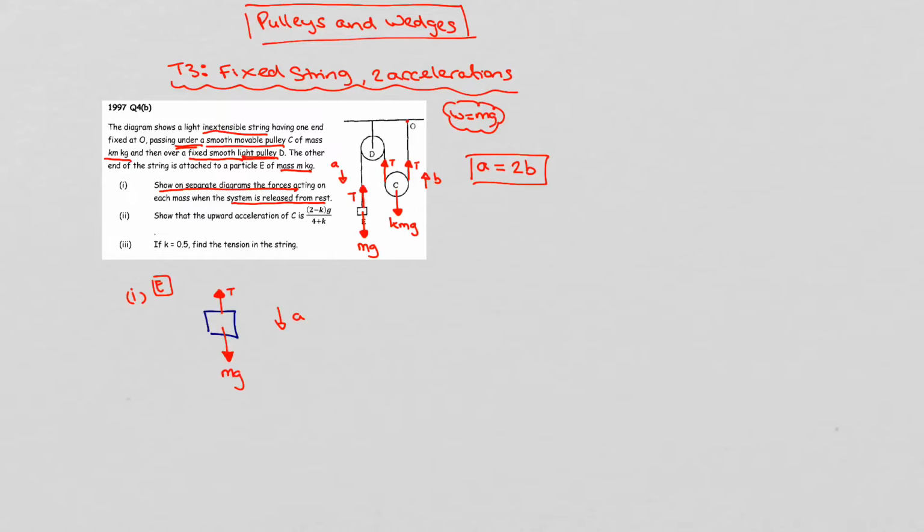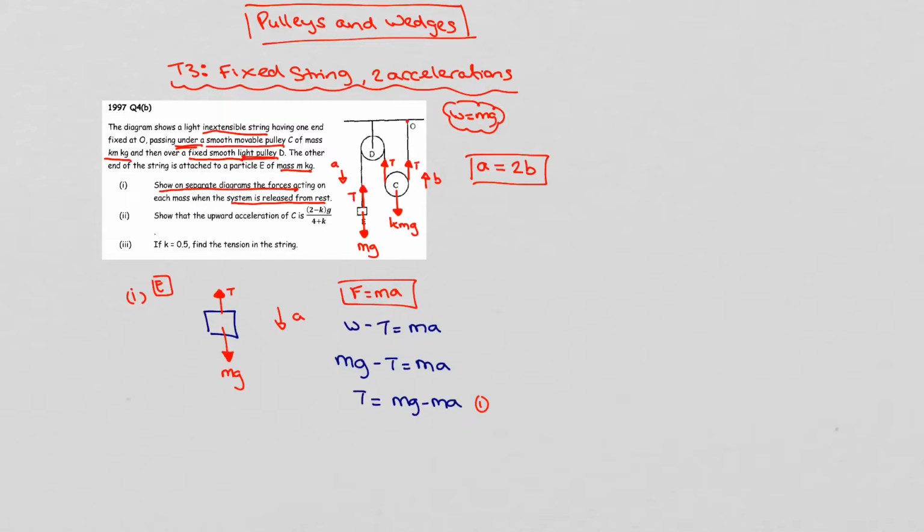So we only have vertical motion here, so therefore our net force will equal ma. Because it's accelerating down, our leading force will be the weight, and the opposing force will be the tension, and the net force then will equal mass times acceleration. So we have mg minus T is equal to ma, and therefore T will equal mg minus ma. So I'm going to call that equation 1.